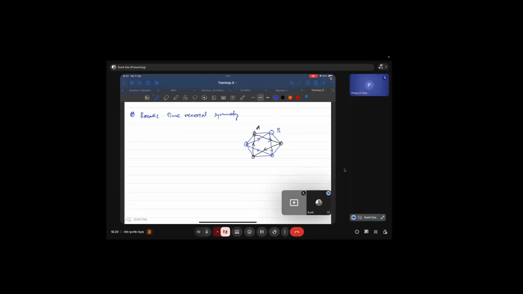So the idea is to introduce a magnetic field that is 0 on average. Okay, on average. So you are kind of introducing a local magnetic field so that overall this is 0, because this needs to be 0, because we are not applying any external magnetic field.